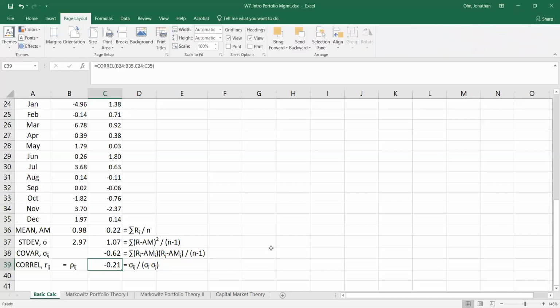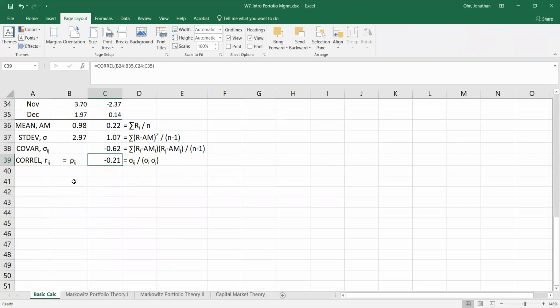This correlation coefficient, R_ij or rho_ij. Some textbooks use R, some use rho, but those are the same thing.